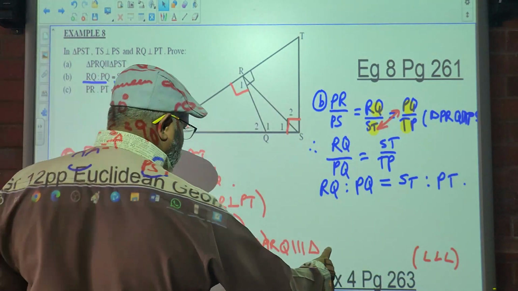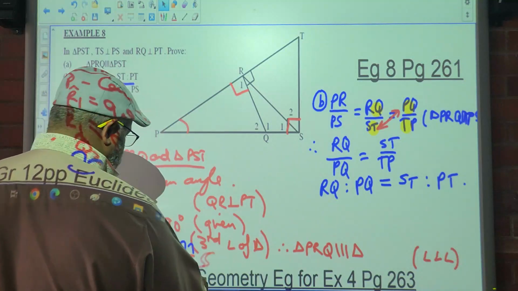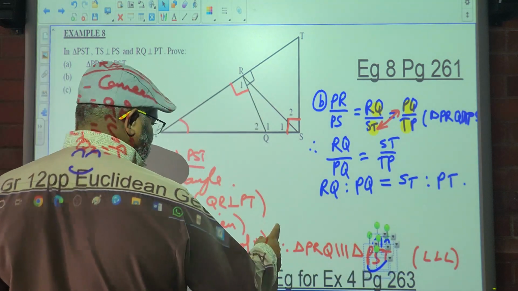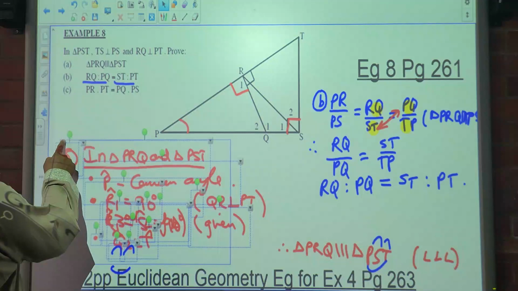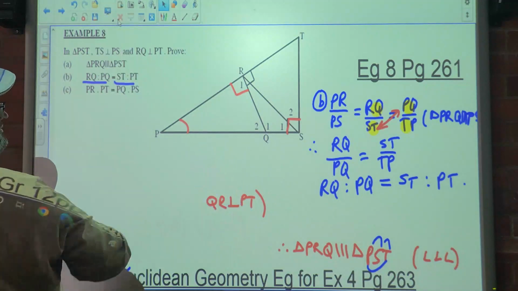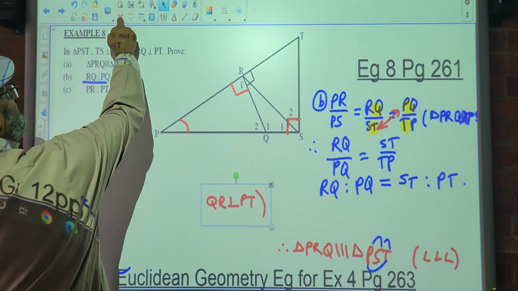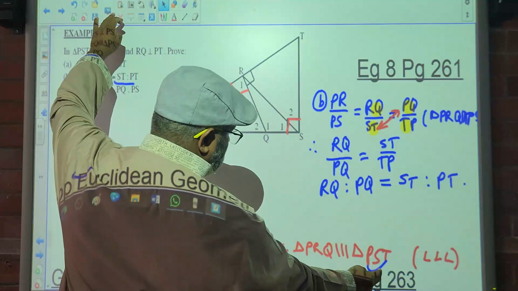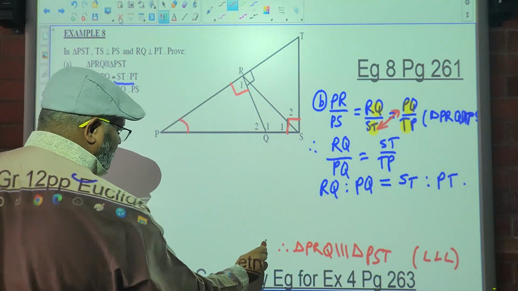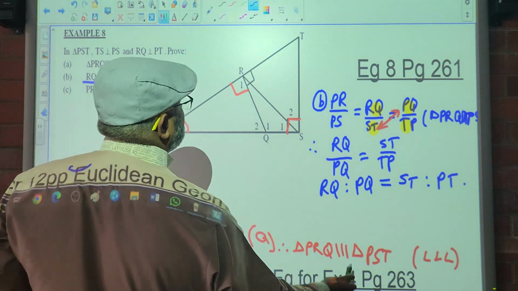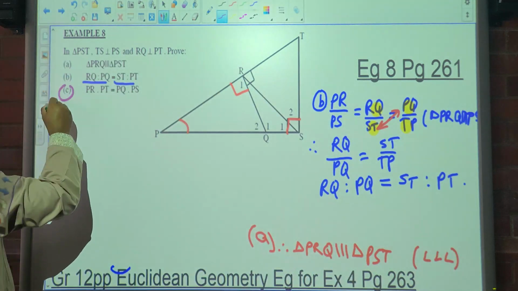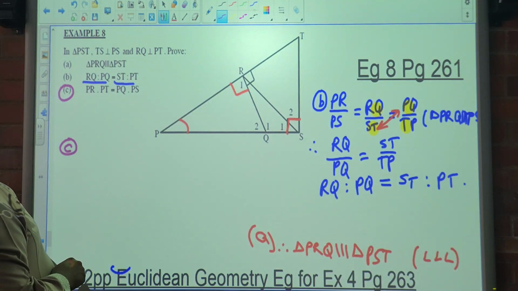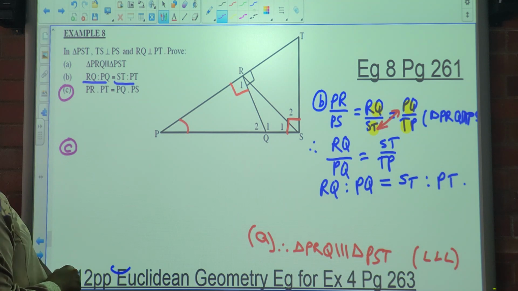Do the next one here on the side. Okay, this is from A. So let's look at C. In C, they want you to work with PR times PT.